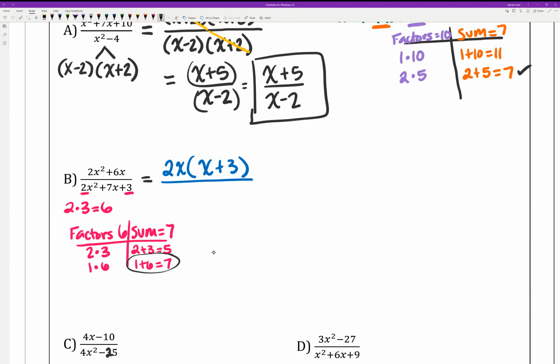If you use the reverse box method, I'm going to draw myself a little box. And I'm going to put a, which was 2x squared, in the top left corner. And in the bottom right corner, I'm going to put c, which is 3. And then our terms are going to be 1x and 6x. That's going to fill the remaining boxes.